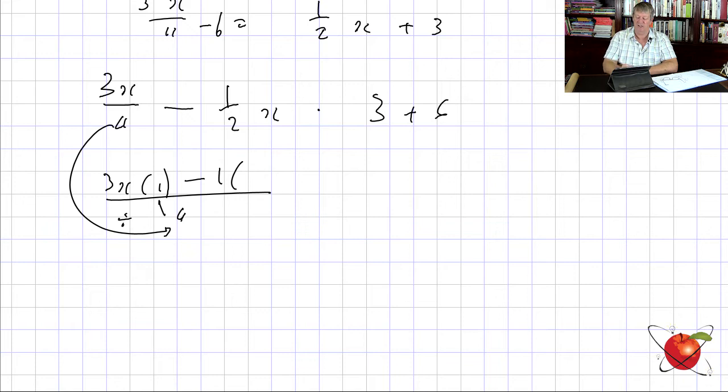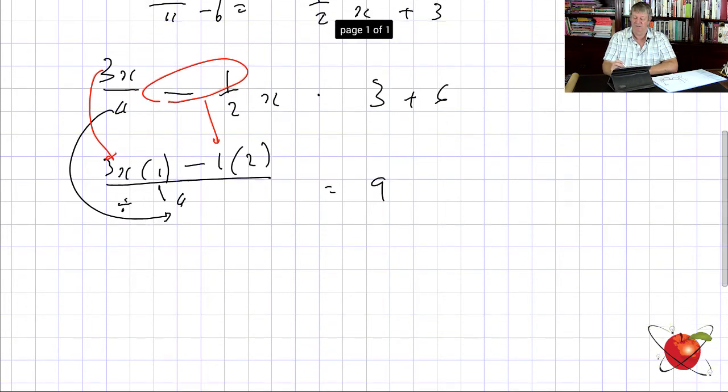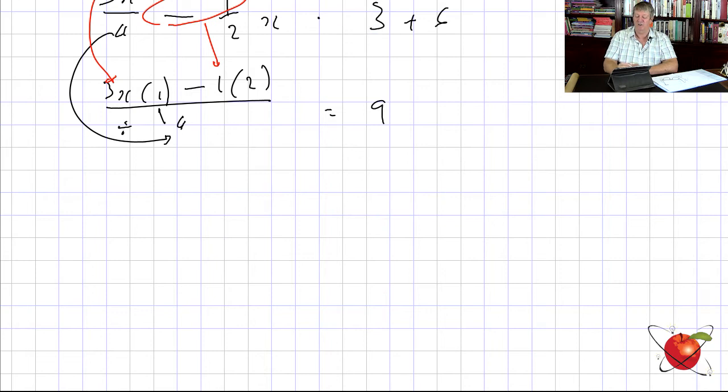I bring it down to there, just like I brought the 3x down. 2 goes into 4 twice, like so, is equal to 9. Now we've got 3x minus 1 over 4.